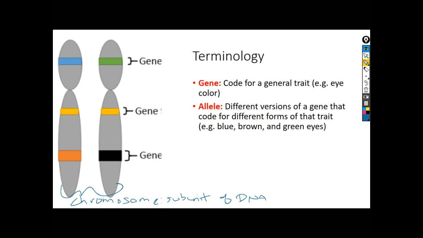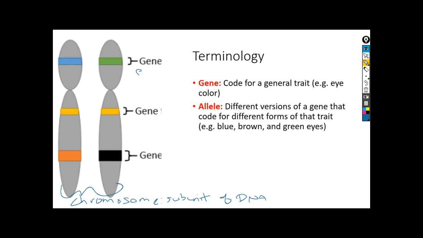So when we're talking about a gene, okay, we're talking about information, right, within one of these books, right? A code for something. Okay. So when I say a code for something, an example of that might be eye color.